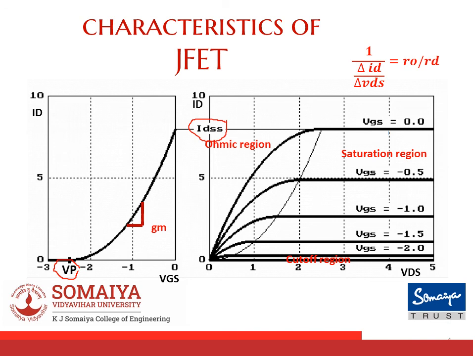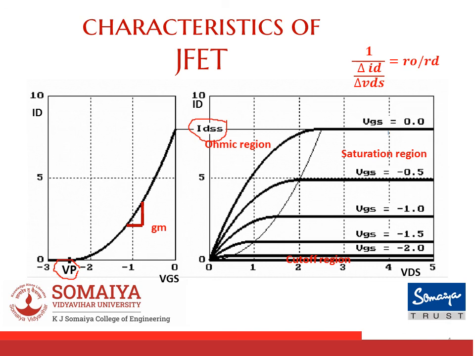Cutoff is when my VGS values are quite negative. They are very close to pinch off voltage, and hence my current ID is equal to 0. Ohmic region is the region when I have my current ID varying linearly with VDS. That is when my VDS is less than VGS minus VP.